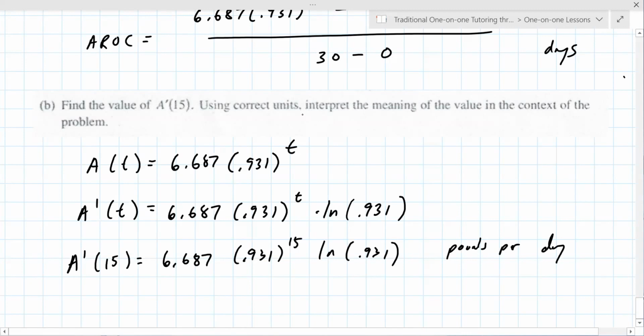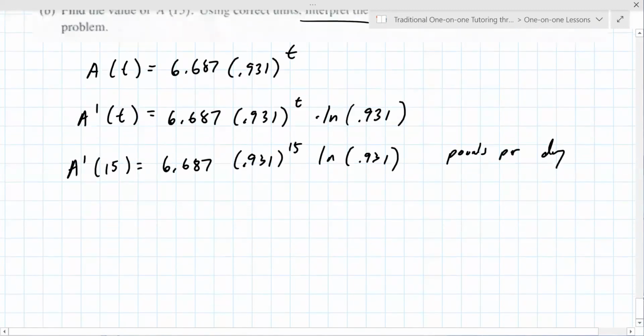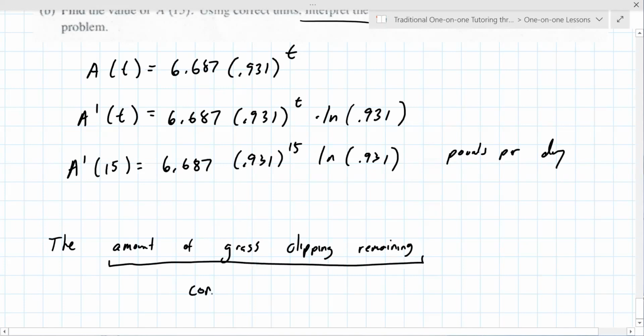Okay, now we're going to interpret, and the interpretation is a sentence that's kind of a fill in the blank each time. So you would say, the amount of grass clippings remaining is, and then you have to choose a word, either increasing or decreasing.